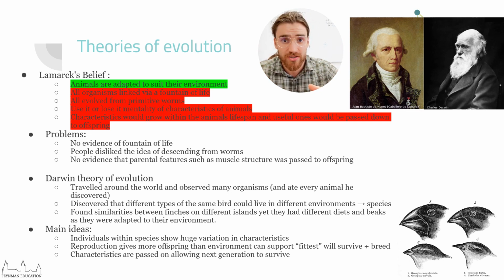We know this is incorrect today. We realize that mutations occur during the development of the organism, and that those mutations, if beneficial, will become the new standard for that species.